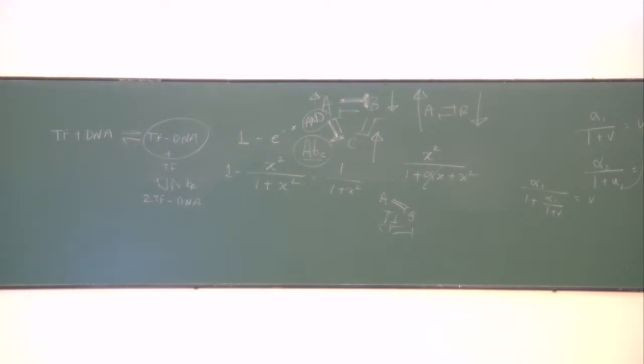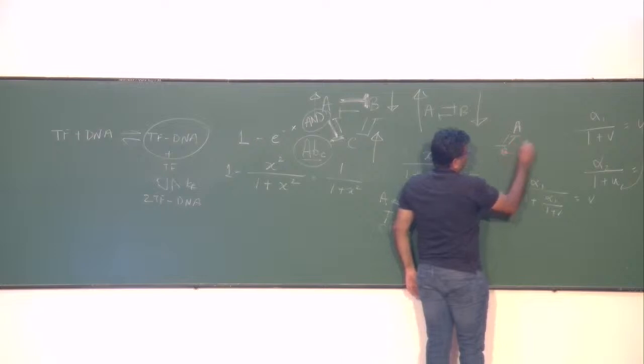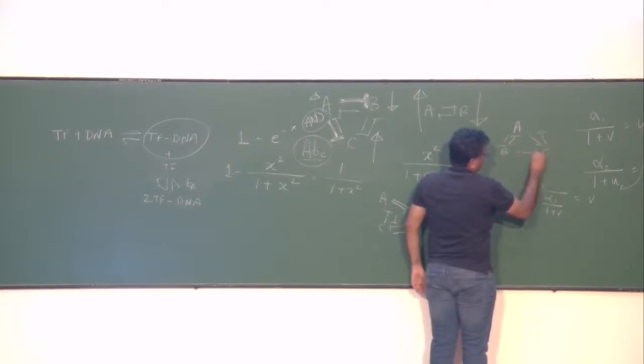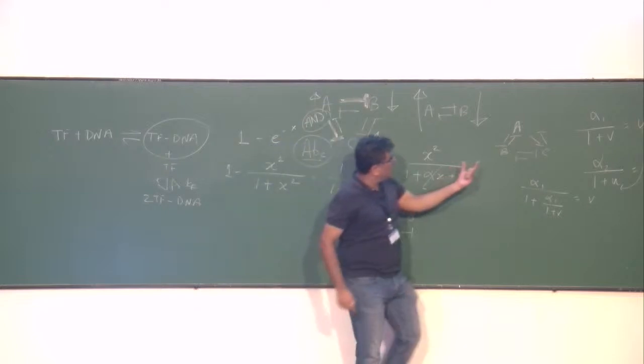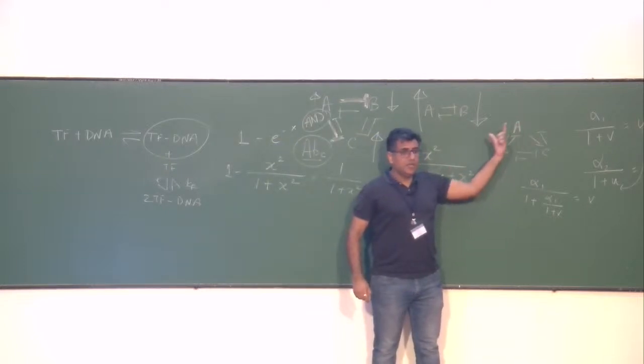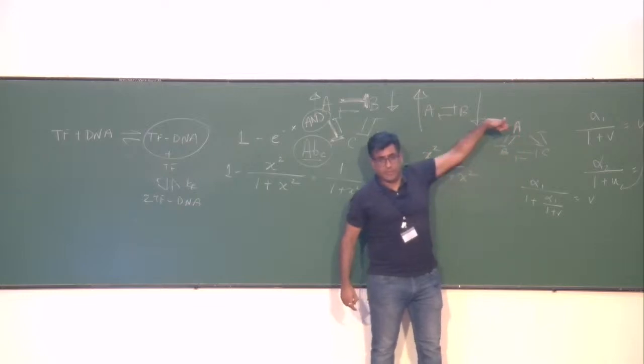Now let's take the bistable combination where C is low in both of them, but A and B switch. Now let's see what the possibility is. If C is low and A and B are switching, one possibility is that there cannot be a large asymmetry between A and B, because then you will not be able to switch.